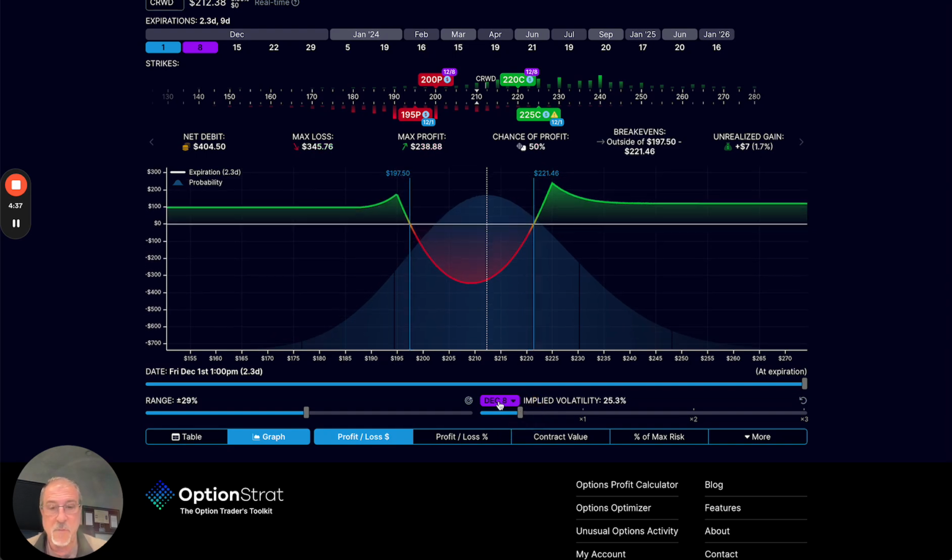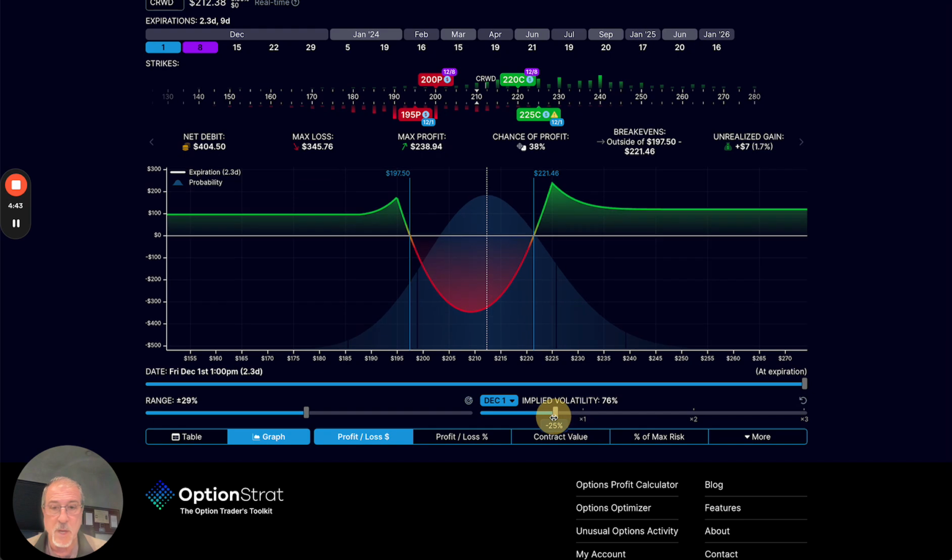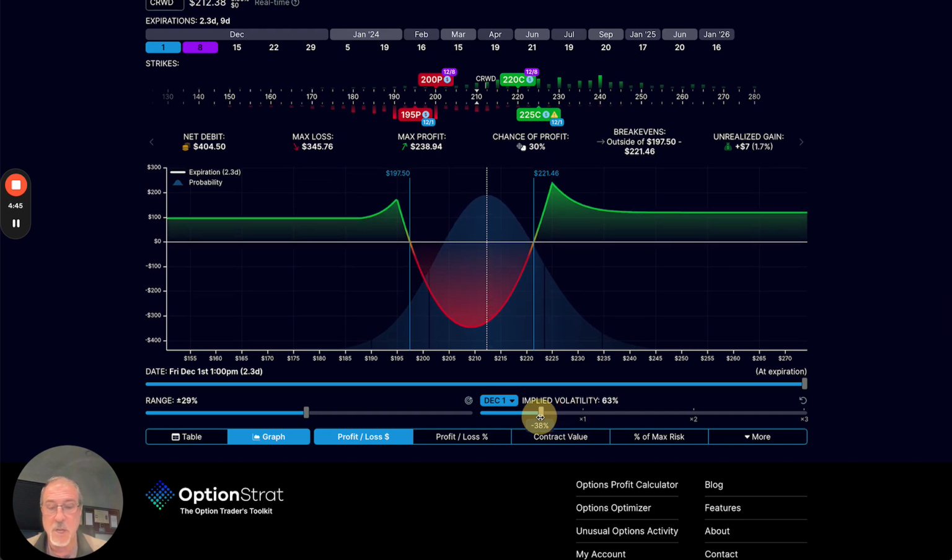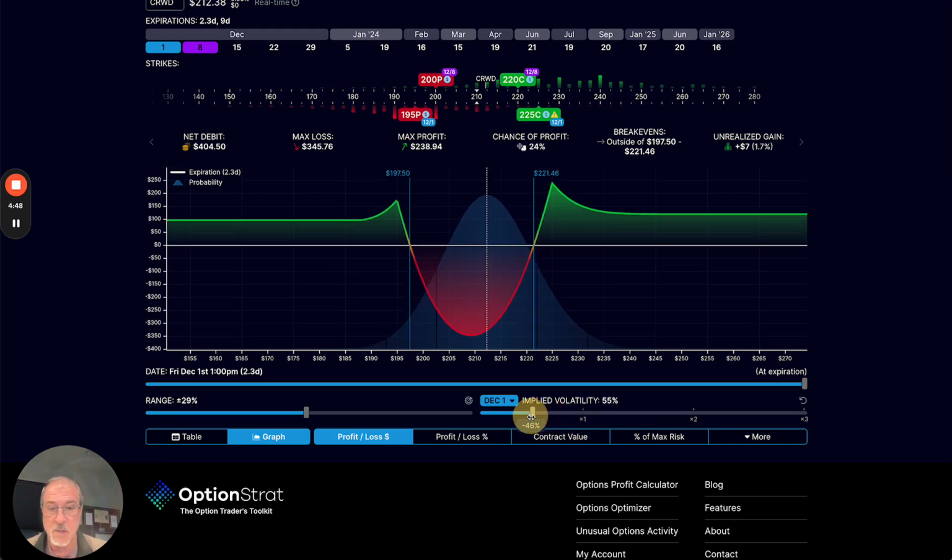And then the front maybe drops a different amount. Maybe the front doesn't drop as much. Okay, maybe the front only drops 30%, something like that. That's unlikely. Usually it's going to be the reverse, but even if it were the reverse, we're going to see in this case, that wouldn't necessarily be a good thing.